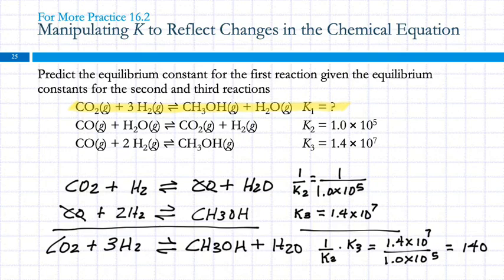Instead of adding, this is what we multiply. Right. Yes. For Hess's law, if you wanted to get the coefficients the same, you had to multiply all of them by 2, and then you had to multiply the heat by 2 also. It's the same concept, but if we're multiplying here, we're raising to a power.